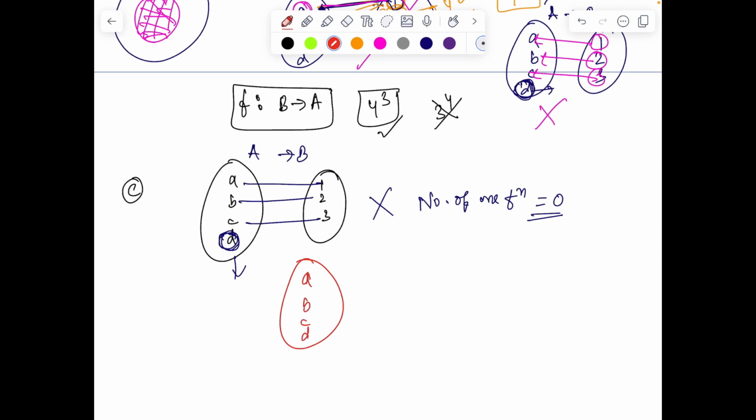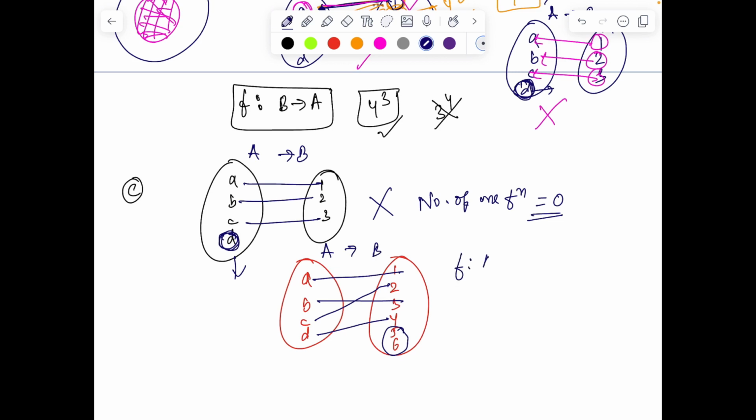Yes, suppose the question had been A, B, C, D and then 1, 2, 3, 4, 5, 6, then of course there are possibilities for 1 function. Suppose A went to 1, B went to 3, C went to 2, and D is going to 4.